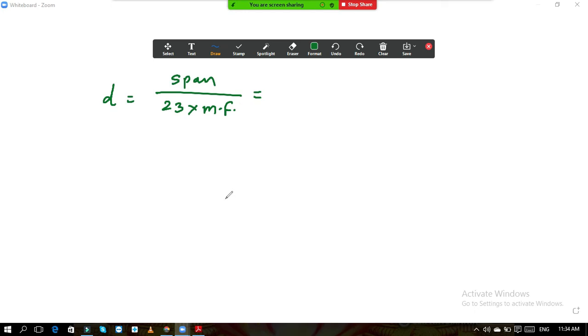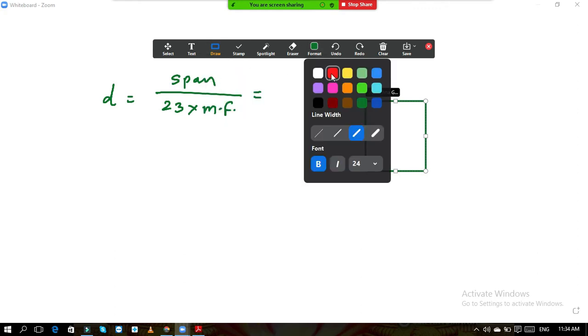From the 3 meter you need to consider the center to center distance. So what is the center to center distance? If you assume the width of support, what is our width of support? It is 150 millimeter. See, I will draw the panel. Now this is the panel. Now I will draw the support.